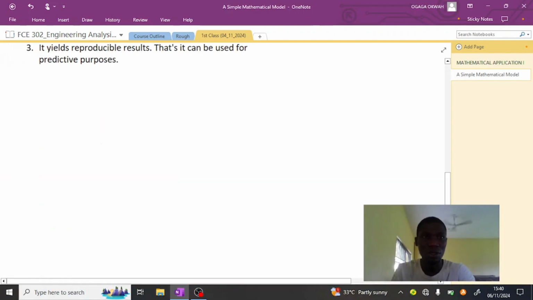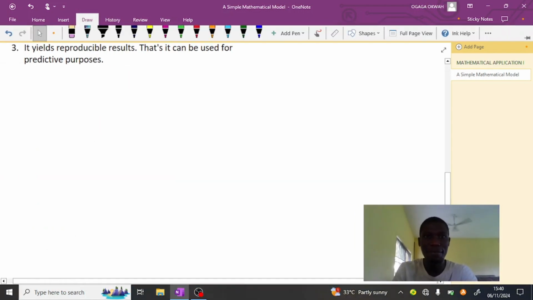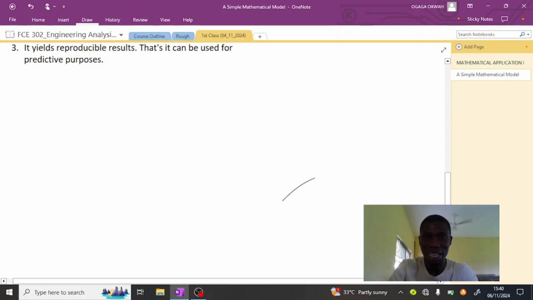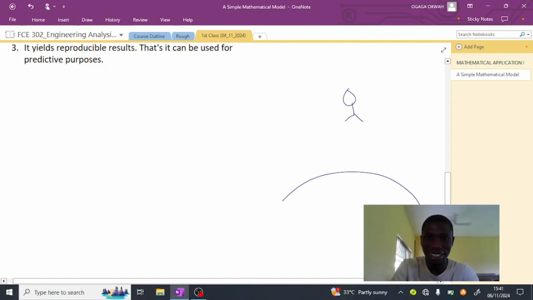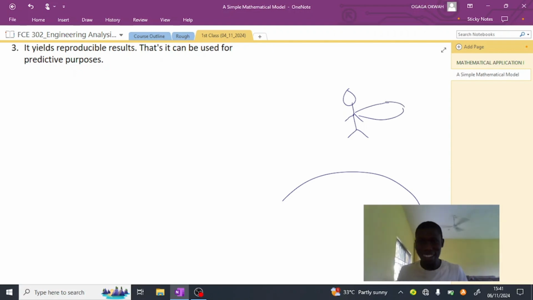Okay, so let's say we have the surface of the earth. Then we have a free falling body, and it happens to be a parachutist. Now it may not look really nice, but just use your imagination to make the drawing better.